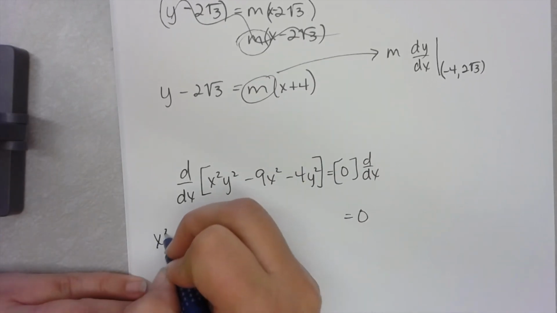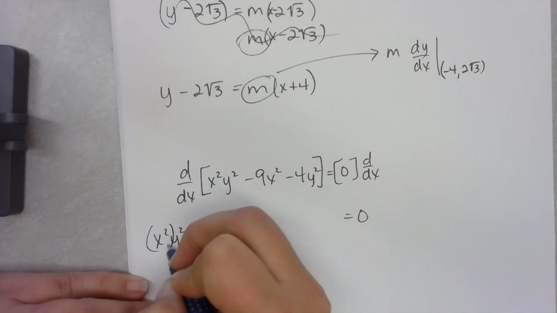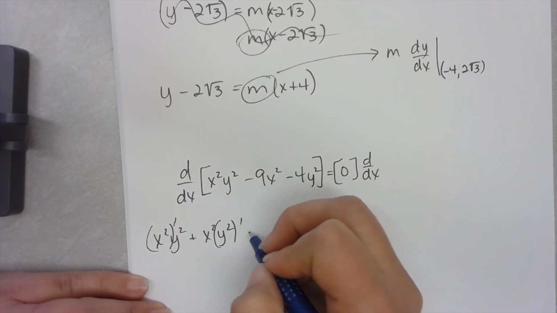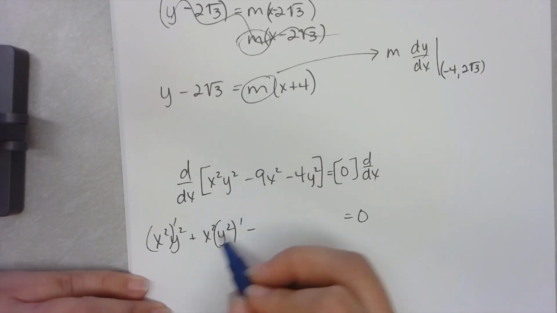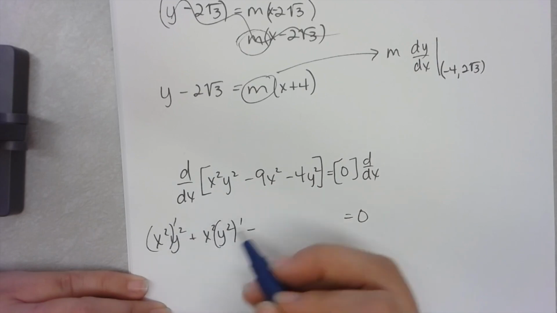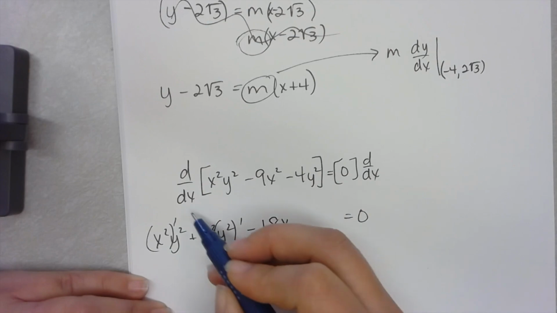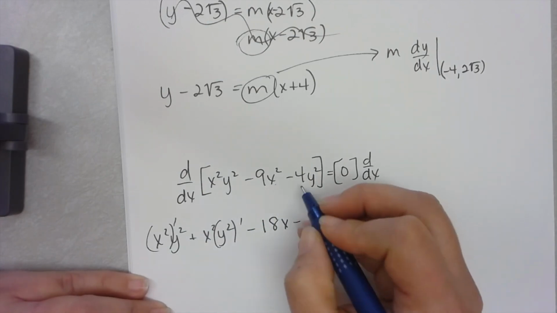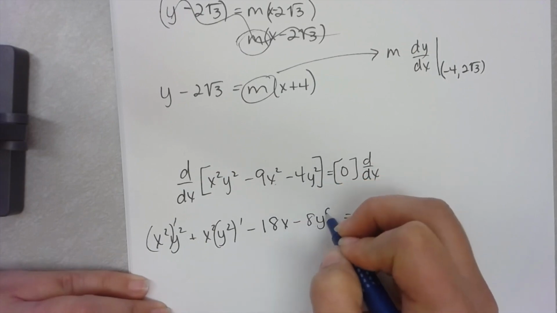I'm going to write it out twice, the long way. In the first one I'll take the derivative of the x term, in the second one the derivative of the y term. Then I'll go ahead with the rest of the derivatives. This notation clearly says I still need to do that. Then this will be negative 18x, the variables match here, nothing else needed. Then minus, now I've got a y term, 8y dy/dx.